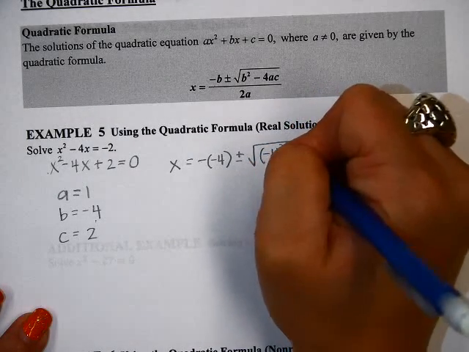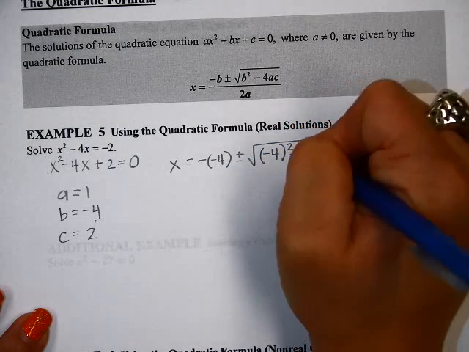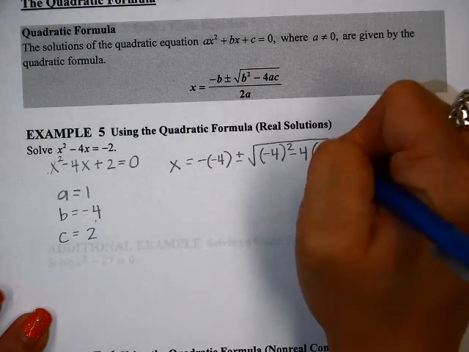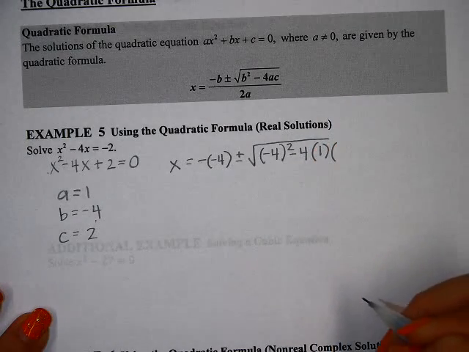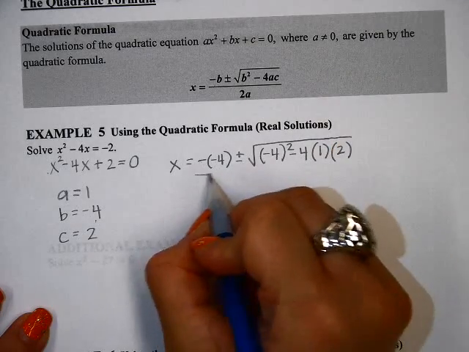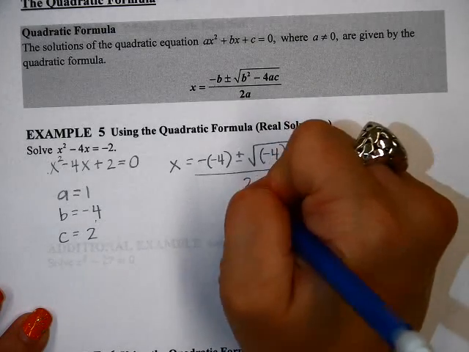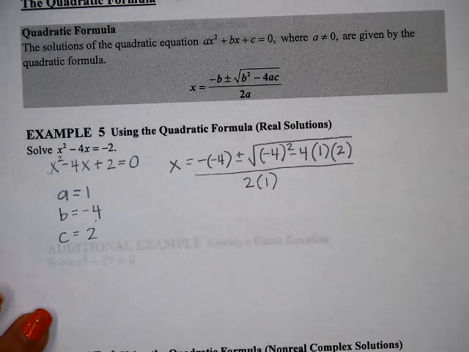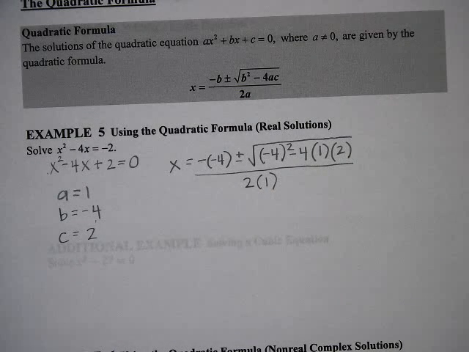So negative 4 squared minus 4 times a, which is 1, times c, which is 2, all divided by 2 times a, and a is 1. So once you have plugged in your values for a, b, and c, then you simplify your formula.